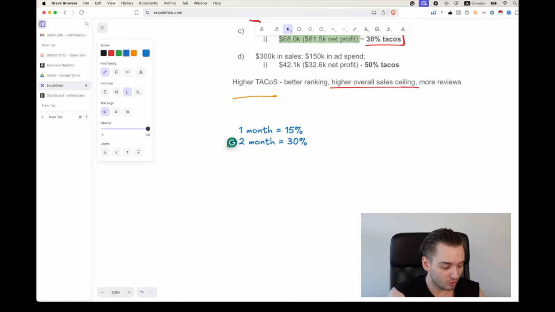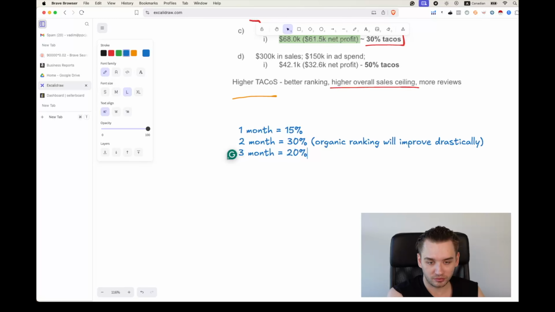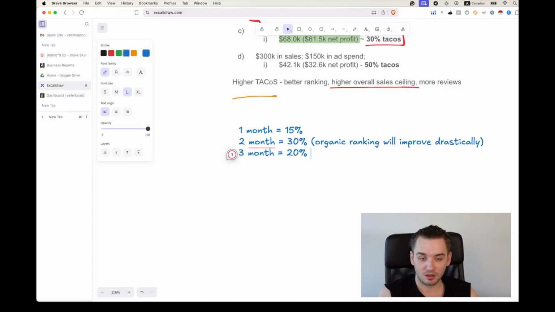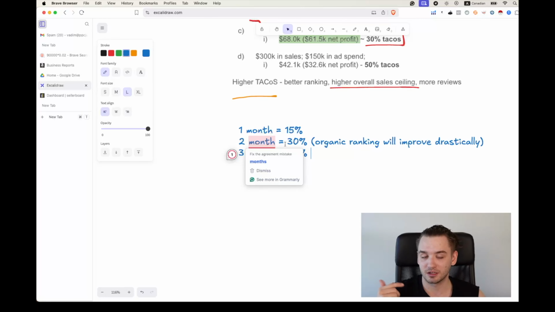What you're always going to notice is that your organic ranking will improve drastically. And then next month, see if you can take this back to 20% TACoS. And what happens is that you'll usually make more profit, because that second month was so aggressive that you established that baseline. But it's something to always test and experiment with.